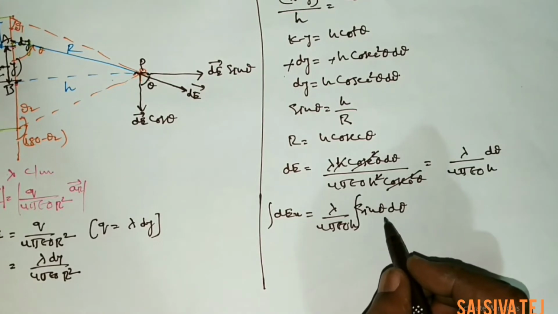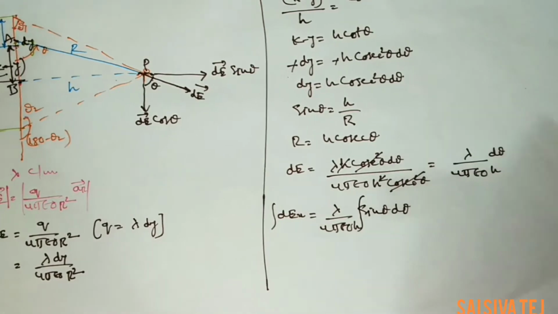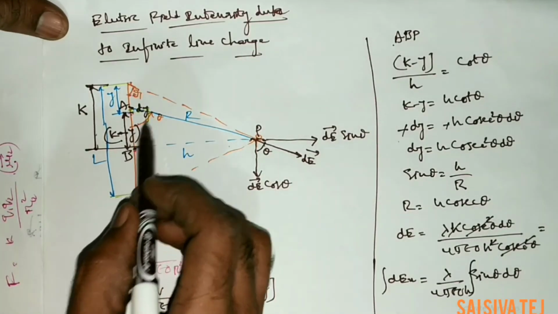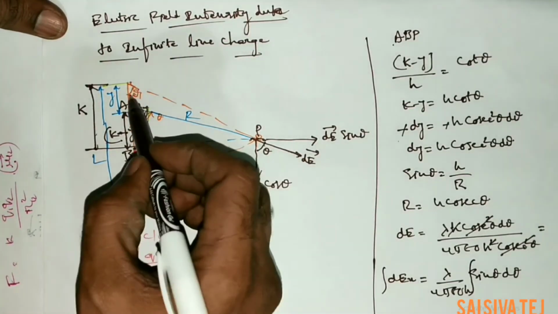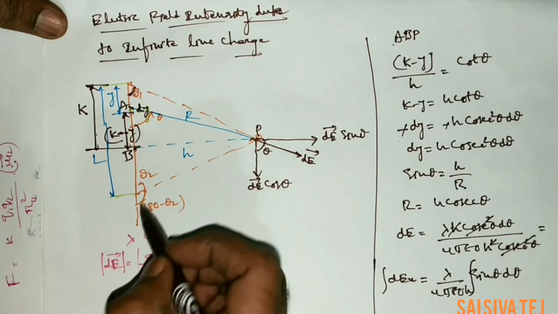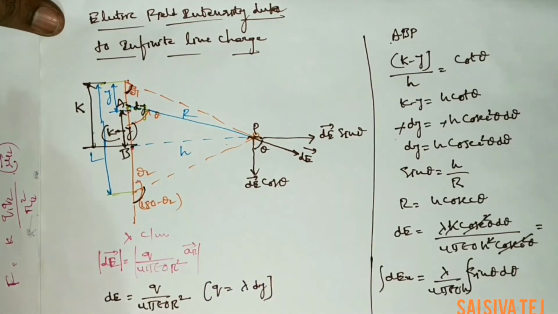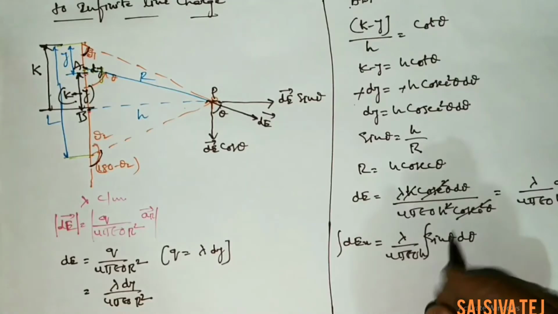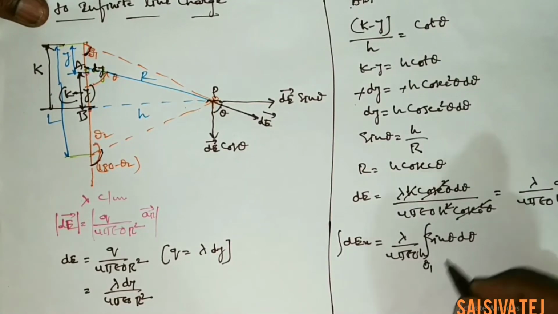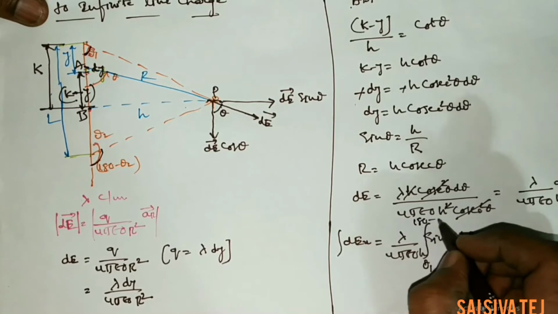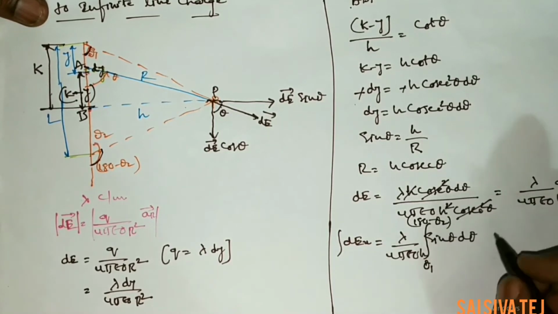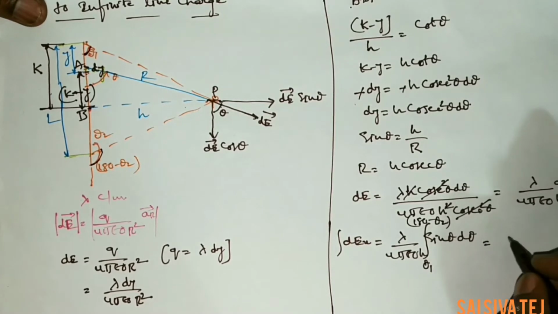Here we have to consider the limits of theta. Observe here, theta is going to vary, so this is the upper limit and this is the other limit: theta 1 and 180 minus theta 2. So I am writing it as theta 1 to 180 minus theta 2, and the integration of sin theta is going to become minus cos theta.